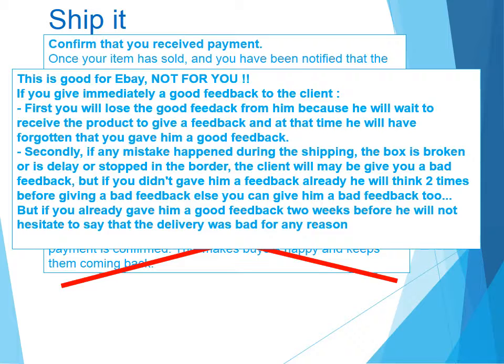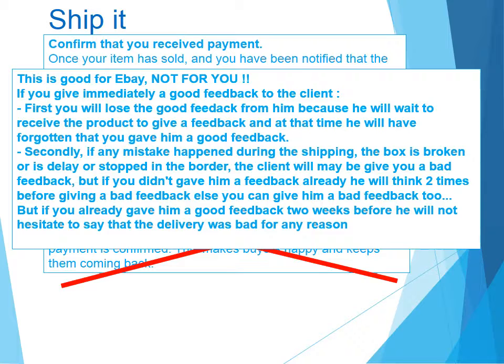When the buyer receives the product, in 2 weeks, he will have forgotten that you just gave a feedback 2 weeks ago, so he will not give you a feedback. So it's a waste of feedback. You will not receive his feedback when you just gave him a feedback.